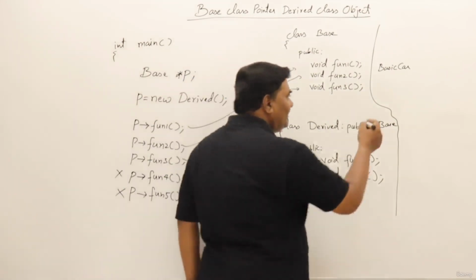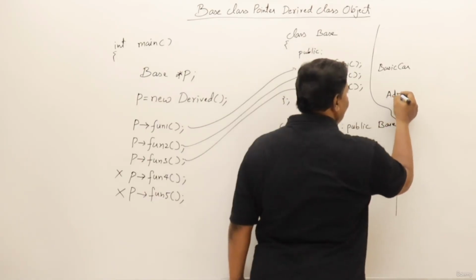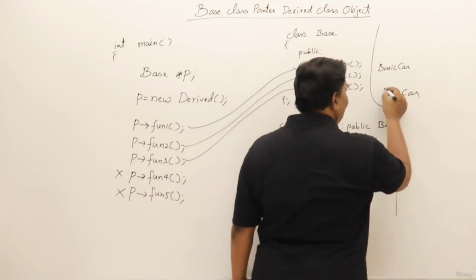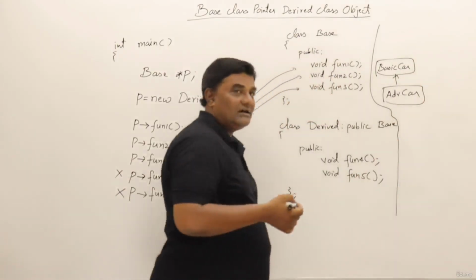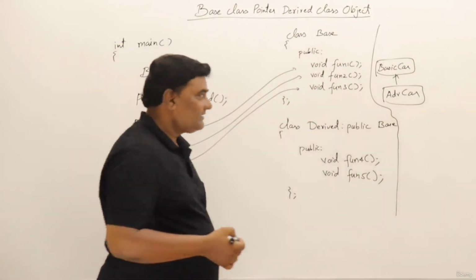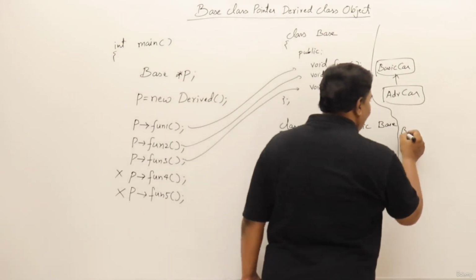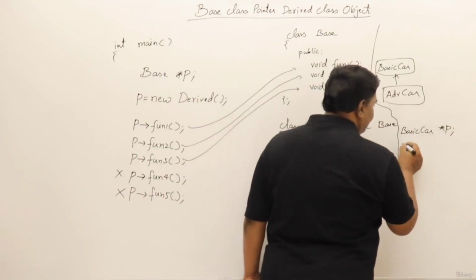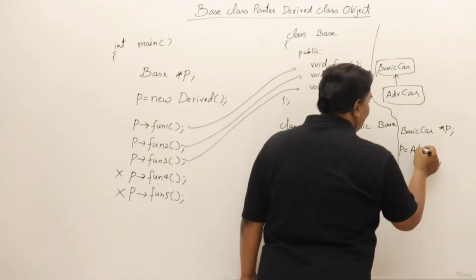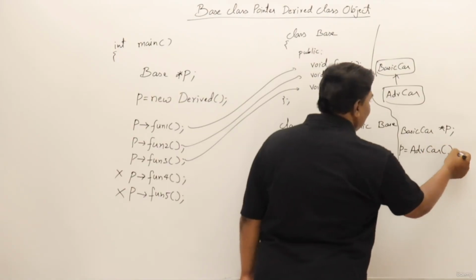Then you have an advanced car. An advanced car is inheriting from basic car. So can you have a pointer of basic car? Yes. And to that pointer, can you assign an object of advanced car? Yes.